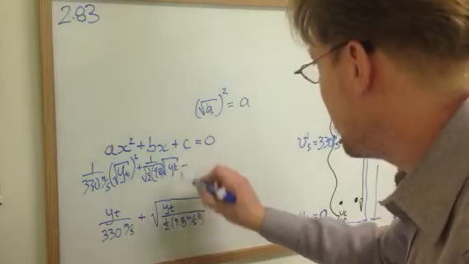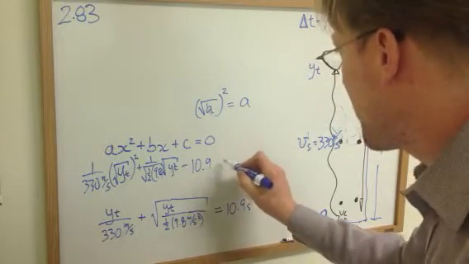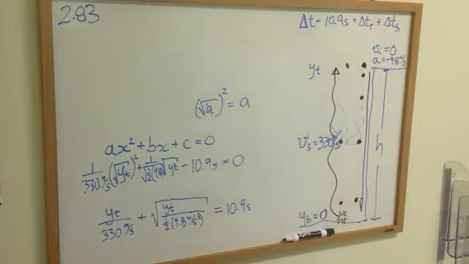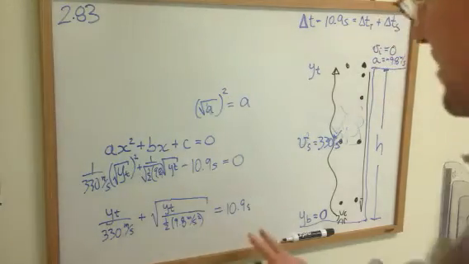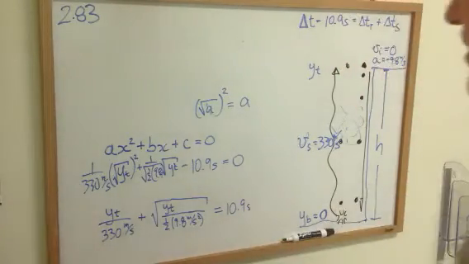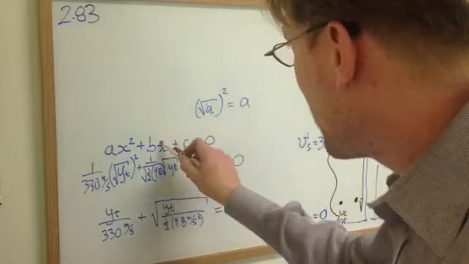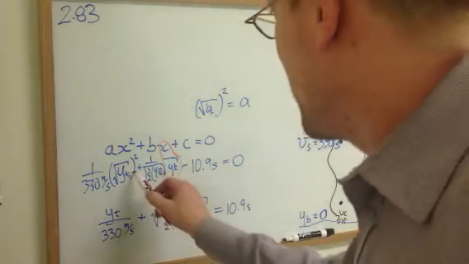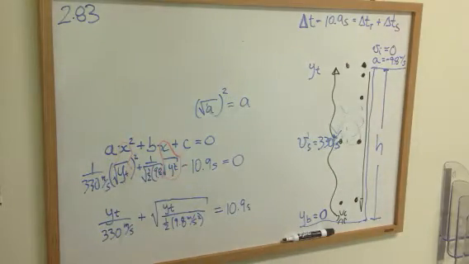And c is equal to negative 10.9 seconds. I just brought it over. Is equal to 0. Now what the heck is this? This simple equation, what I'm trying to point out, can be seen as a quadratic equation where x is taking on the role of the square root of yt.